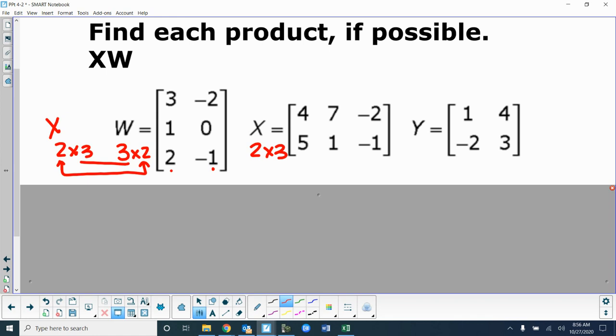Never -3. And if these numbers are, these would be 1 and 1.